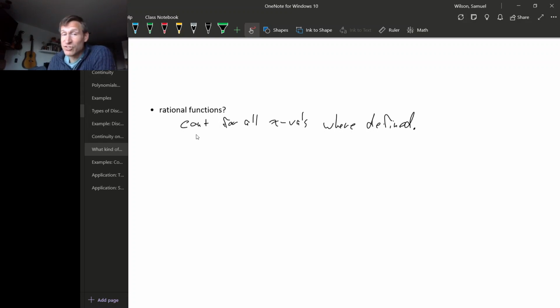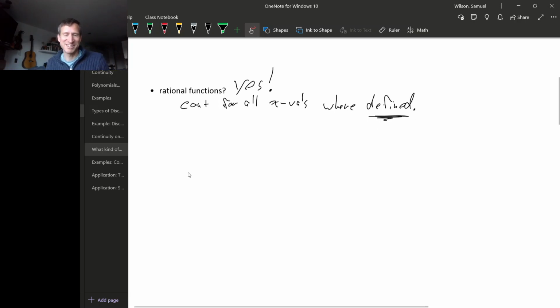So rational functions are continuous for most x values. And in fact, since they're continuous for all x values where they are defined, another way to say that is they're continuous everywhere on their domain. And that means that they're continuous. All right. You can see lots of functions are continuous.